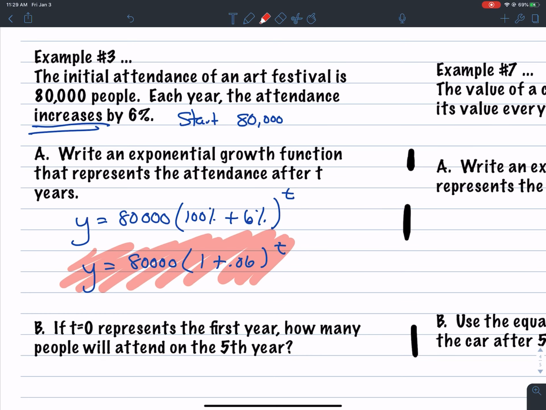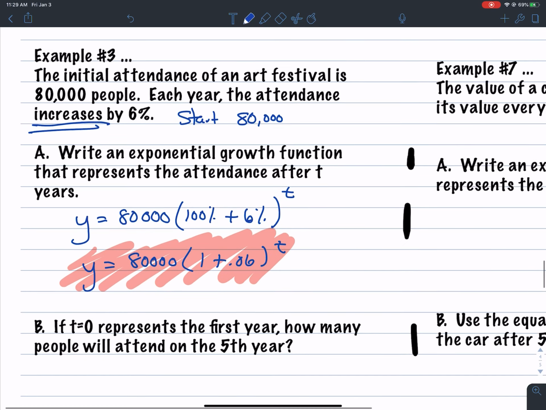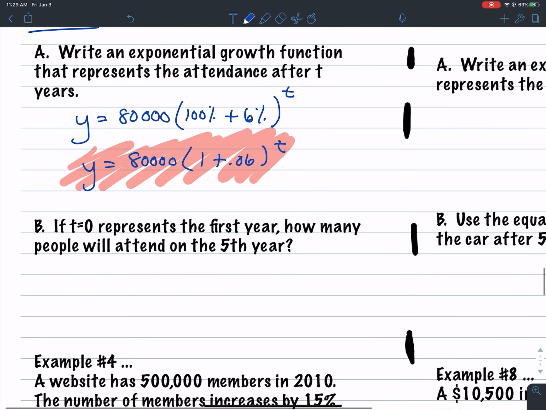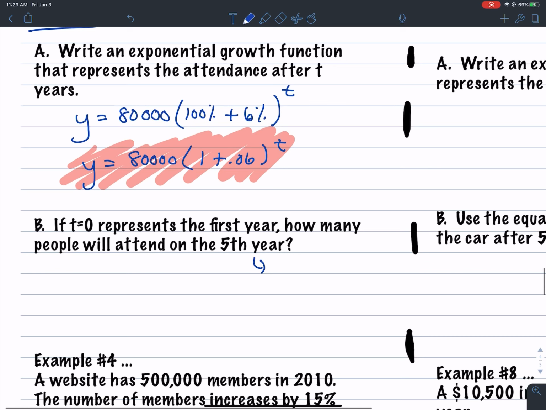So once I'm here, I can use that equation to do a bunch of stuff. If t equals 0 represents the first year, how many people will attend on the 5th year? So if the first year is t equals 0, the second year would be t equals 1. So by the 5th year, that means t is equal to 4. So here I just plug it into my calculator.